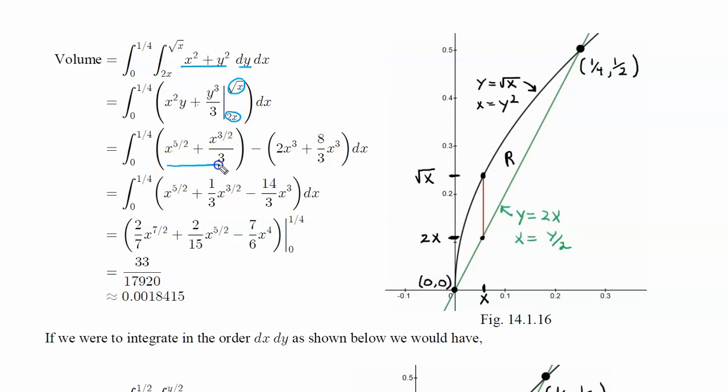So here we go. This is with the square root of x put in place of the y. So you get x squared times the square root of x, that's x to the 5/2, plus, and then when you put the square root of x in here for y, you get x to the 3/2 over 3.